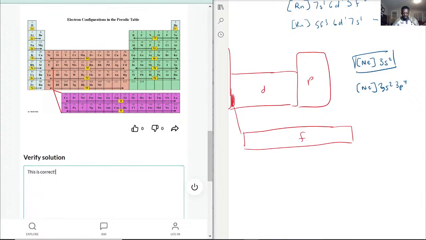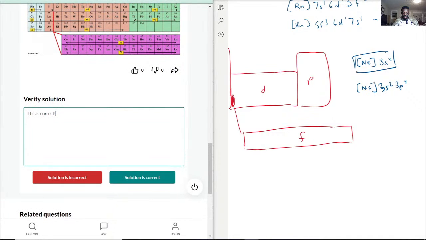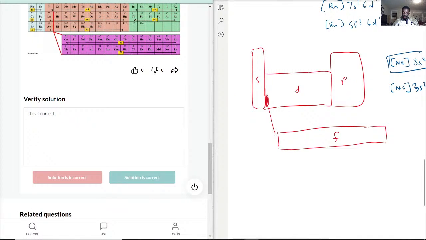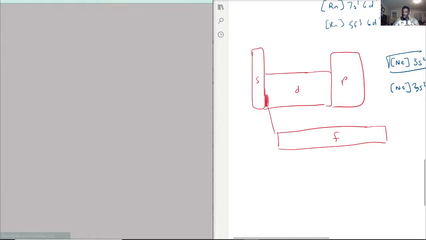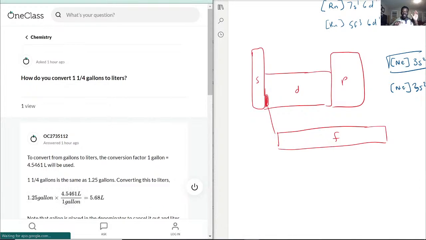So if you made it this far, just make sure that you treat it like a sandwich, but only for the d and f rows. s and p are on opposite ends. The s coincides with the alkali and alkaline earth metals, groups 1 and 2.